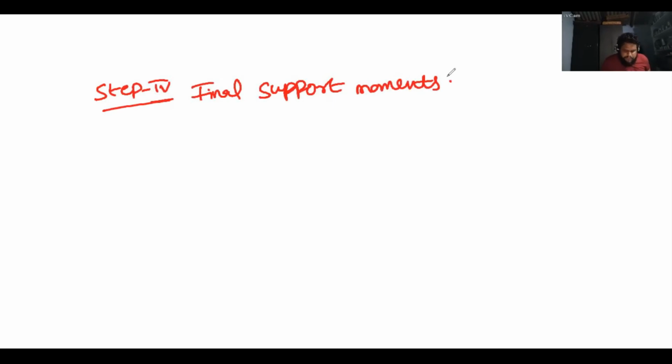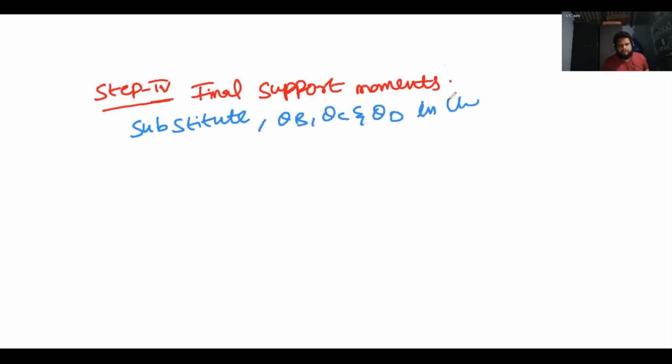What you have to do is just substitute theta B, theta C and theta D in the slope deflection equations, which is our step 2.